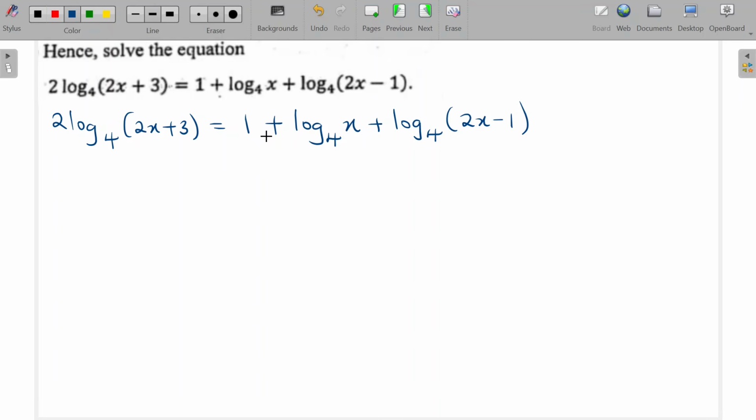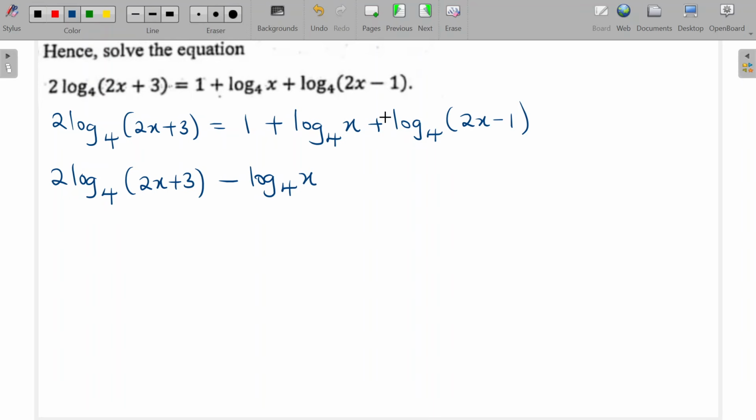So if I leave the 1 in this case, the way I'm seeing this question, I take this one this side and I'm going to have 2 log 4 (2x plus 3). I've taken the log 4 x this side, so it's going to be minus log 4 x.